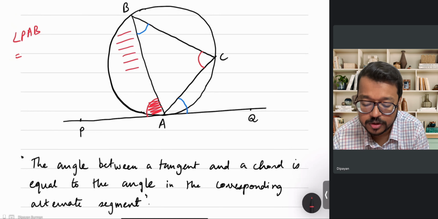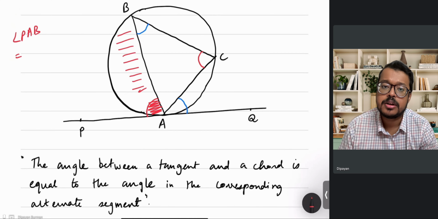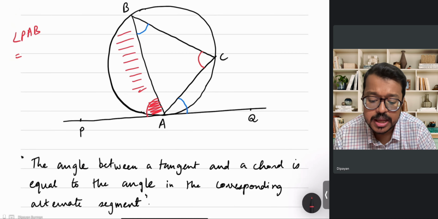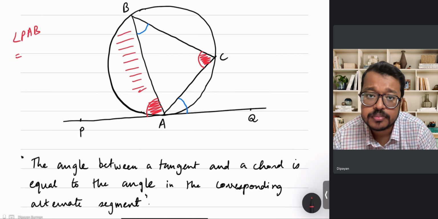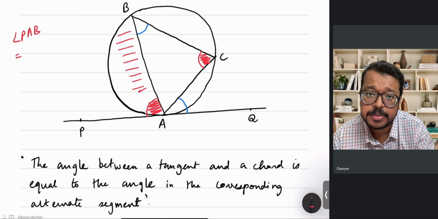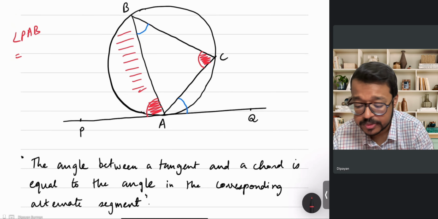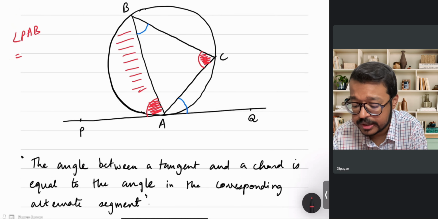Then if I look at the other segment, which is the major segment AB, there is an angle ACB which the chord AB is making. So then I will say that the angle PAB is equal to angle ACB.